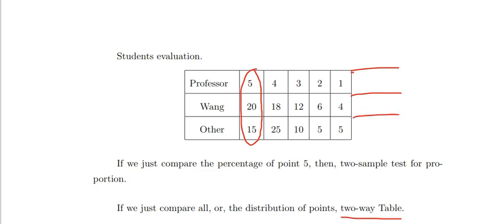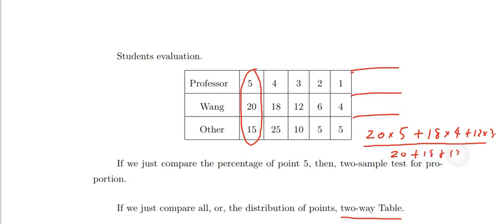Let's say 20 students give me 5, 18 give me 4, 12 give me 3, plus so on. Then divided by the total number of students: 20 plus 18 plus 12, like that, right?